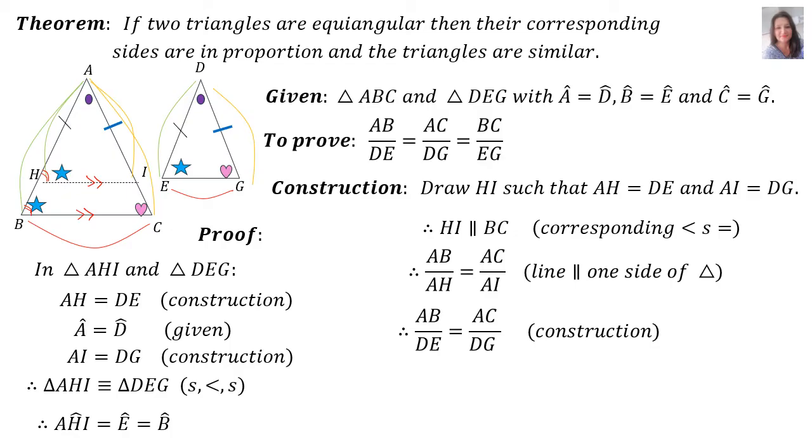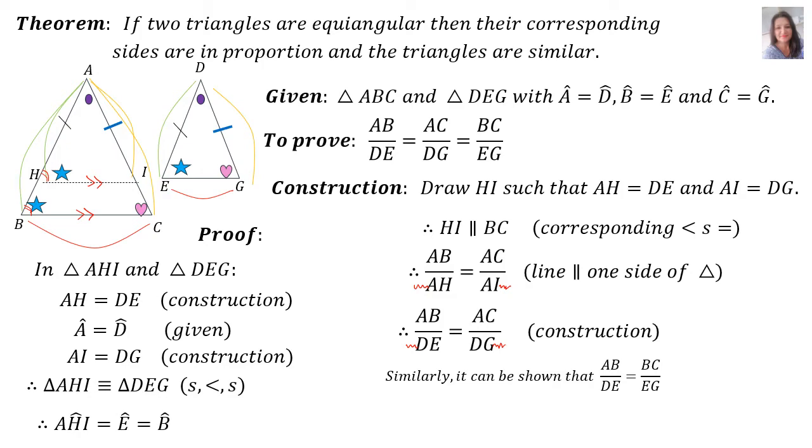And furthermore, we know that AH is equal to DE, that was our construction, and AI is equal to DG, that was the construction. Therefore, we can say that the ratio AB over DE is equal to the ratio AC over DG.